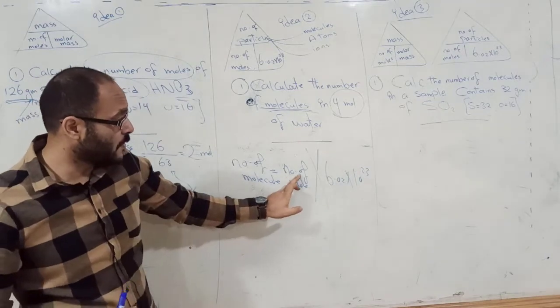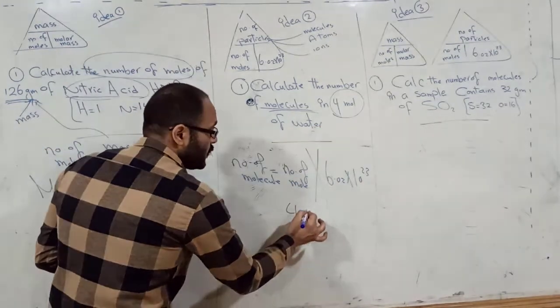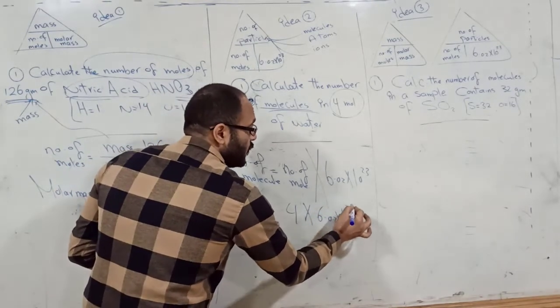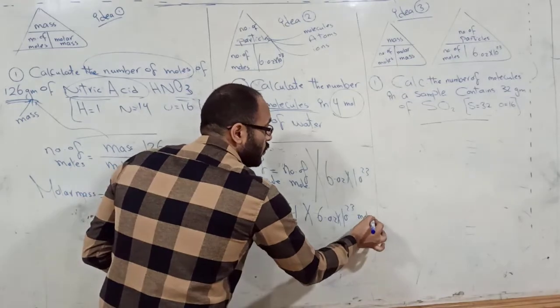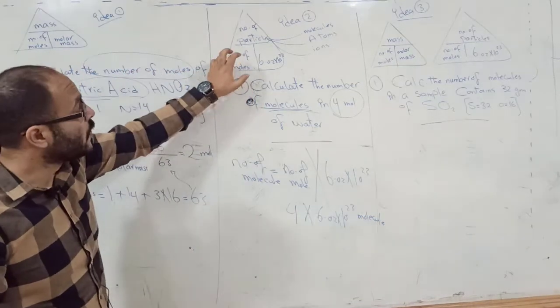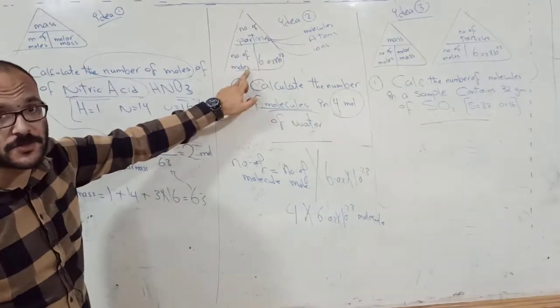And you know the number of moles. He gave you 4 mole times 6.02 times 10 to the power 23 molecules. Also, it's a direct problem. Idea number 2 depends on this triangle.